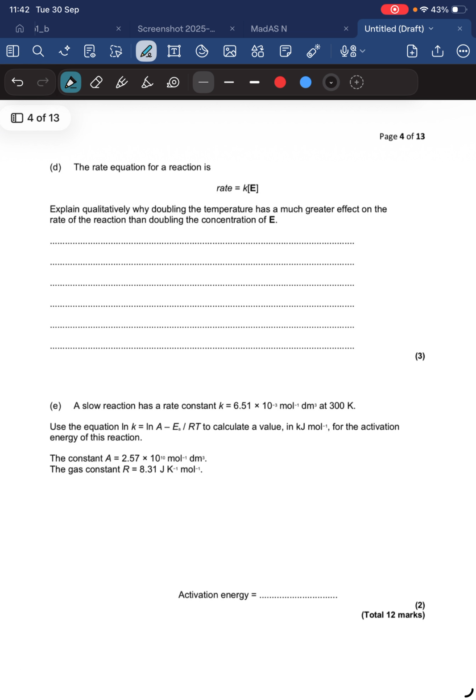So over here, explain quantitatively why doubling the temperature has a much greater effect on the rate than doubling the concentration. Doubling the temperature causes more molecules to have activation energy greater than the minimum.